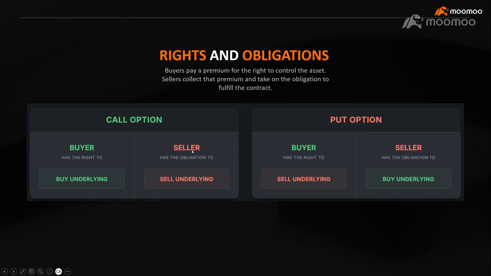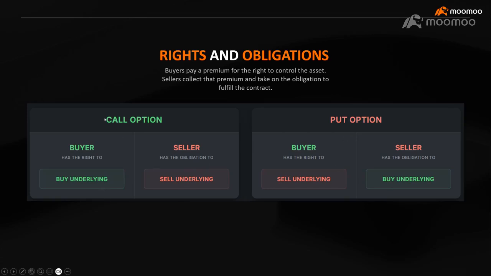They have to sell the underlying to the buyer at the strike price. It's obligated. They cannot act like a buyer and say, I don't want to exercise, I can just walk away. Whenever the buyer exercises, the seller must fulfill the obligation to sell the underlying.